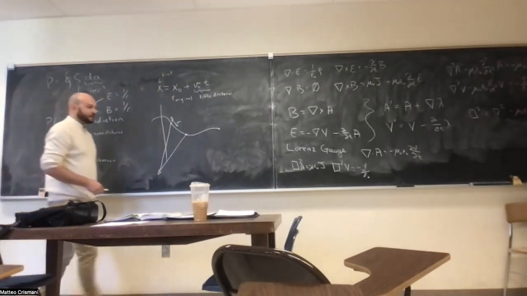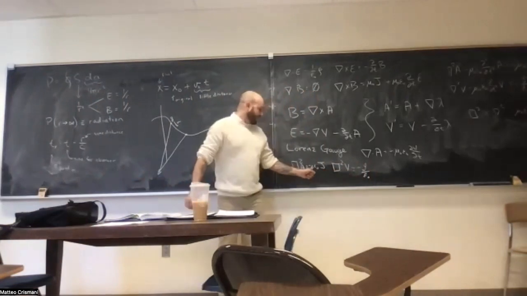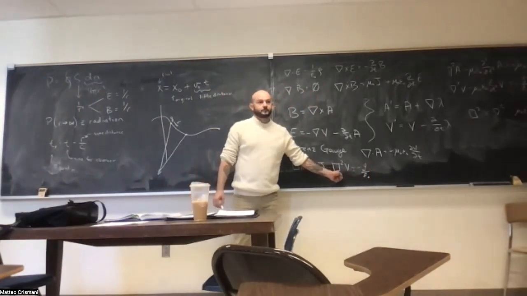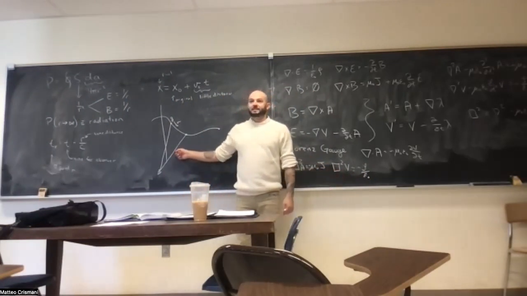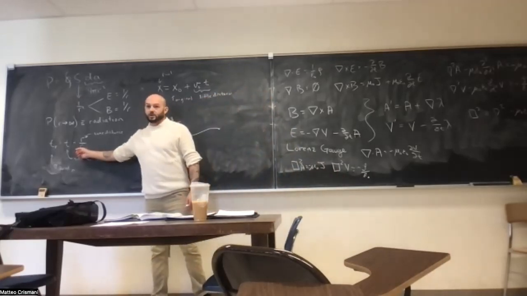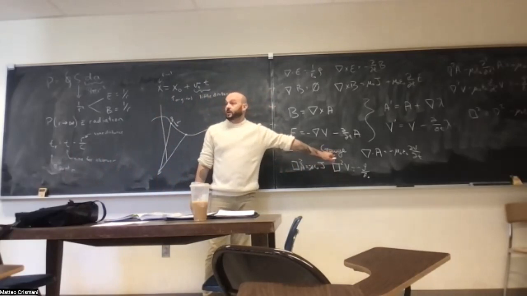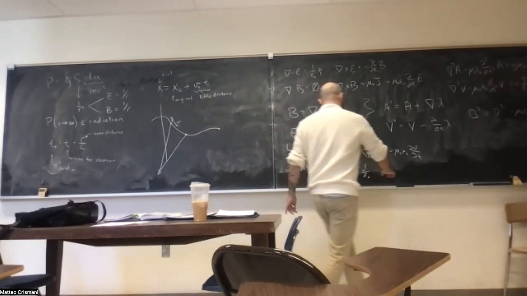I'm telling you, if I just know where the charges are and how they're moving, I can give you E and B. And then I just told you that now I need to consider where the charges were, very specifically. So in practice, we just take the retarded time and put it here into J and into rho. Let's see how that's done.